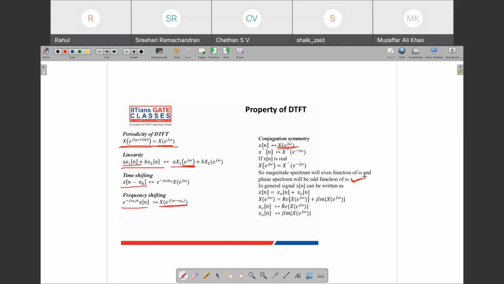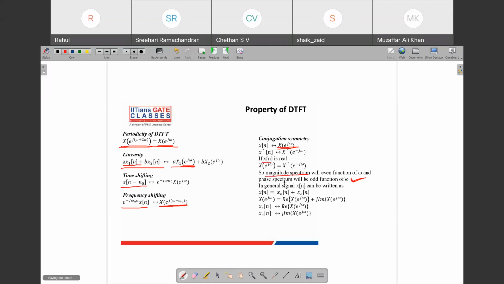So whatever Fourier transform we have seen till now, whether it's the continuous time Fourier series, discrete time Fourier series, continuous time Fourier transform, or discrete time Fourier transform, for all four of them this property is universally true: when the signal is real, its magnitude spectrum will be an even function, and its phase spectrum will be an odd function.